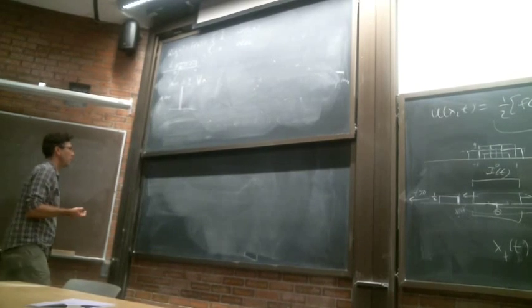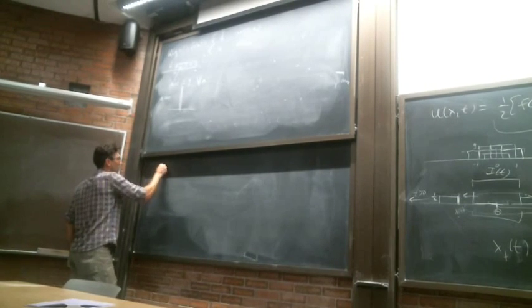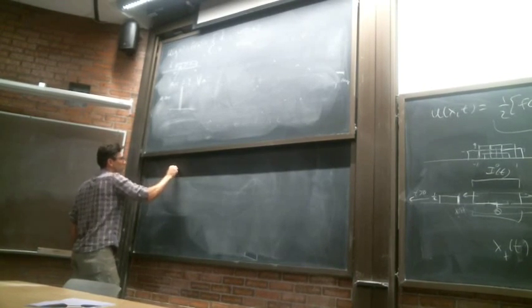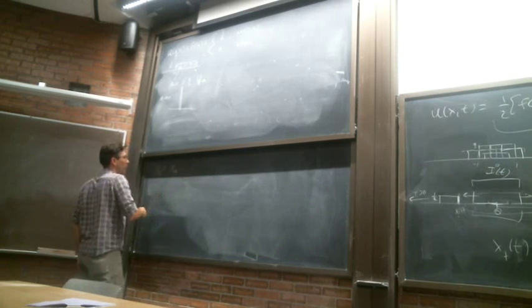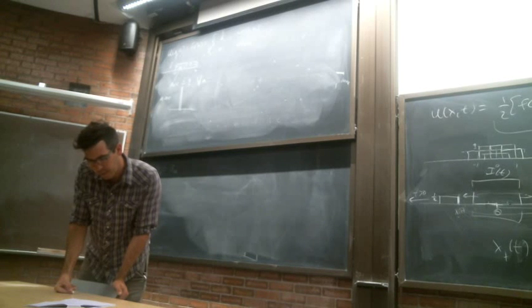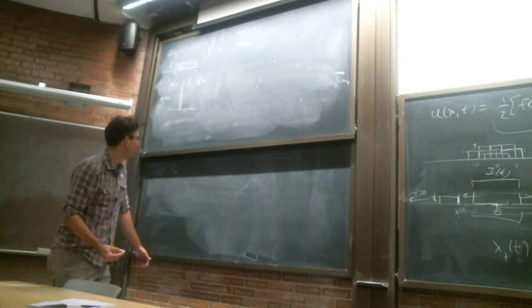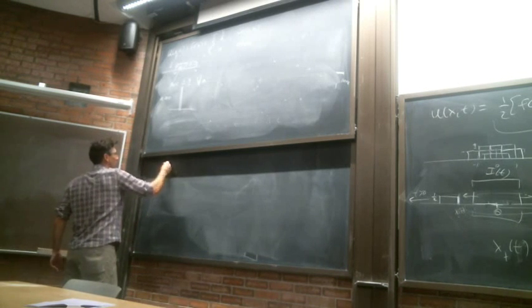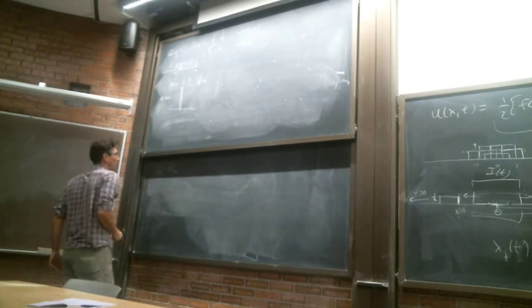Okay, so let's do this. We have U equal to U times X. Do I give a diffusion constant here? I'll just say K equals 1.